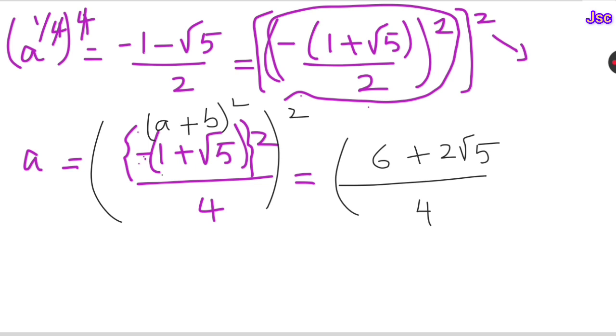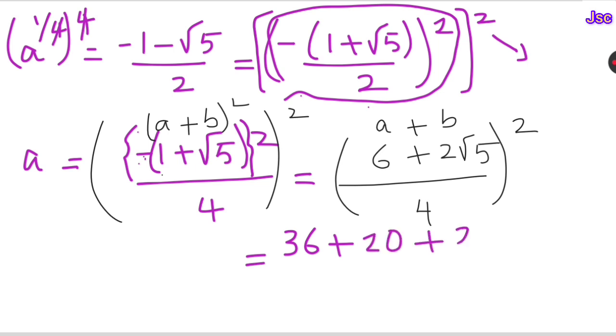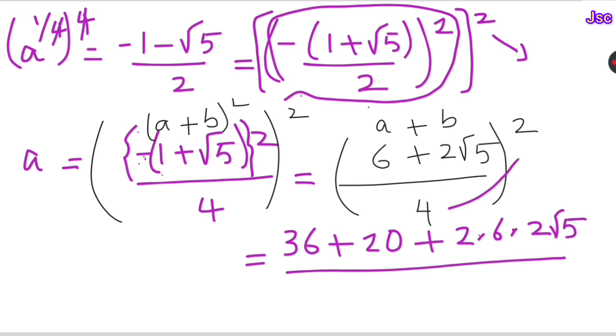Now again it is in the form of (a plus b) whole square. Now do it again. 6 power 2, which is 36, plus b power 2, (2 root 5) whole square, which gives 20, plus 2ab, over 4 power 2, which is 16. 36 plus 20 gives 56.